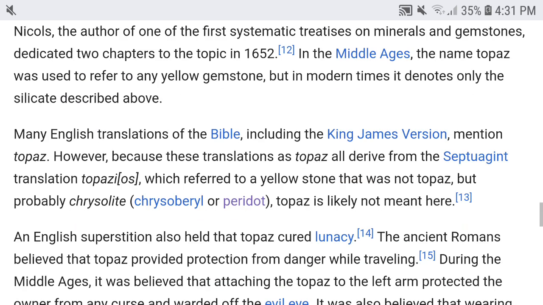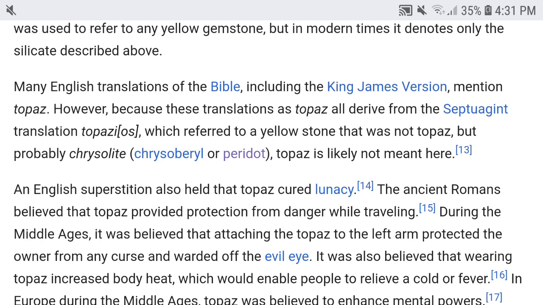Many English translations of the Bible, including the King James Version, mention topaz. However, this translation as topaz is all derived from the Septuagint translation topazion, which referred to a yellow stone that was not topaz but probably chrysolite, or peridot.